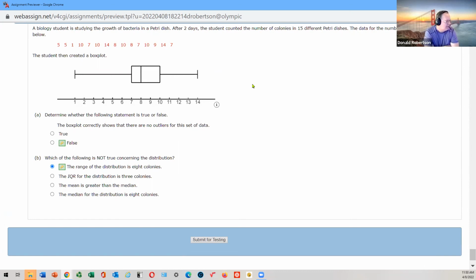10 to 14. I'm not 100% sure that there's a big enough gap between 10 and 14. I mean, it's big, but is it massive? 10 and 20? Yeah, right? I would definitely think if it was 10 and then the next number was 20, I'd definitely be saying outlier then. Or are they talking from the 1 to the 7?